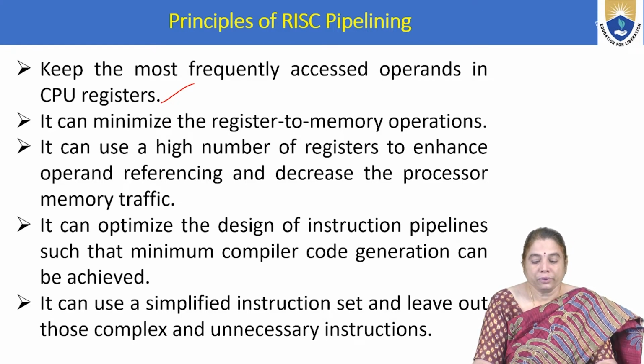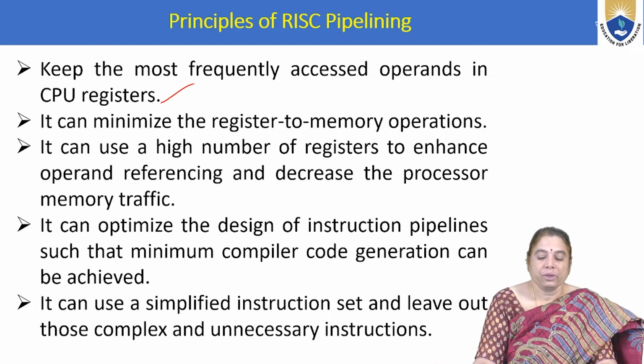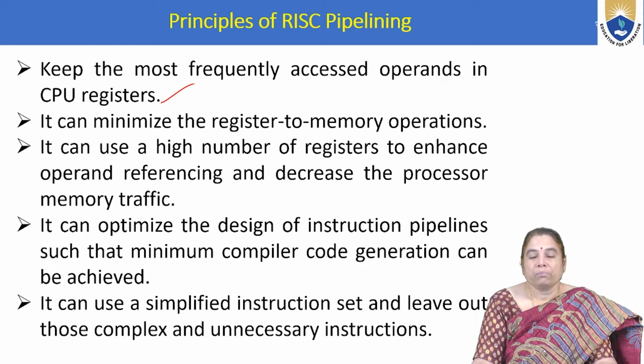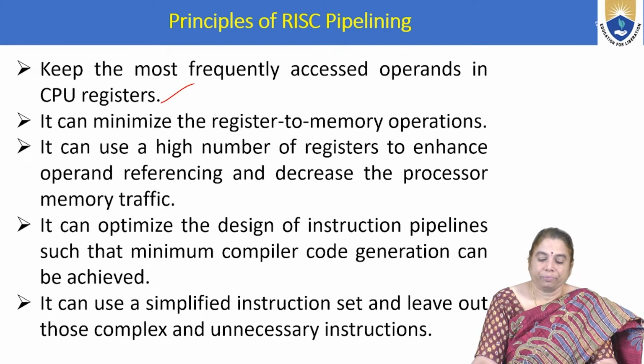Next, use a high number of registers to enhance operand referencing and decrease the processor memory traffic. So memory referencing can be greatly reduced so that a larger number of general purpose registers are available and the operands can be stored in these registers.